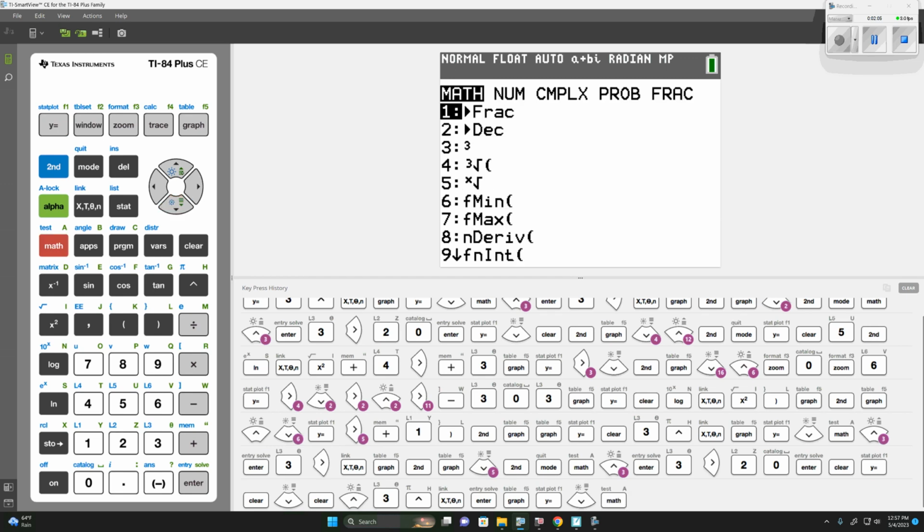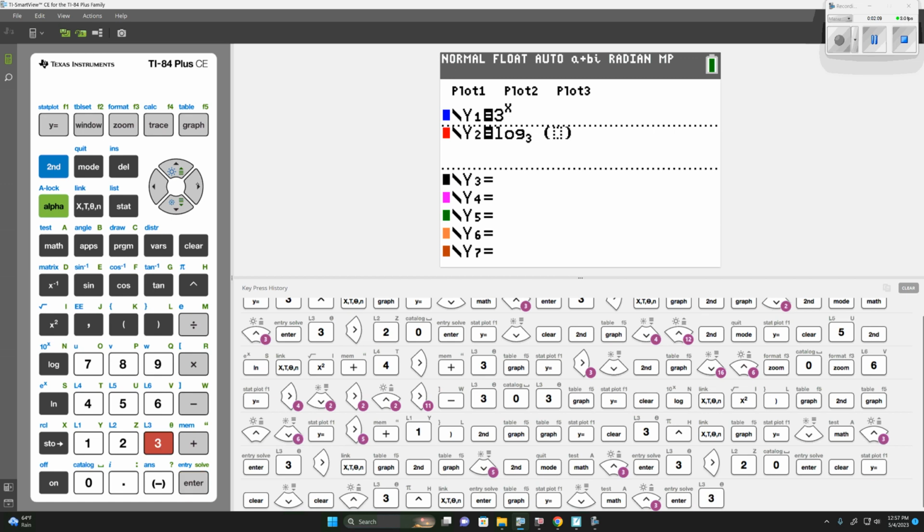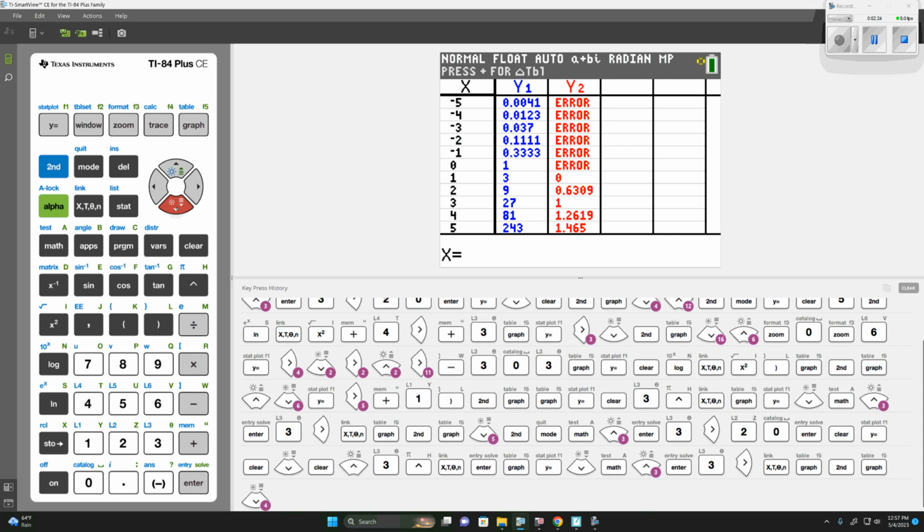Now, I'm going to do the inverse of 3 to the x, so log base 3 of x. And if we graph this here, we notice that at the y-axis, when x is 0, anything to the left of that, any of the negative numbers, do not have a spot. There is no value. And if we look at the table, for 0 and below, 0 and negatives, we have an error.